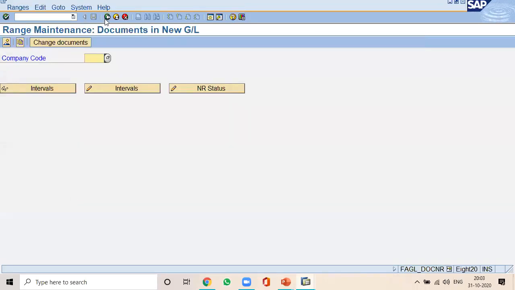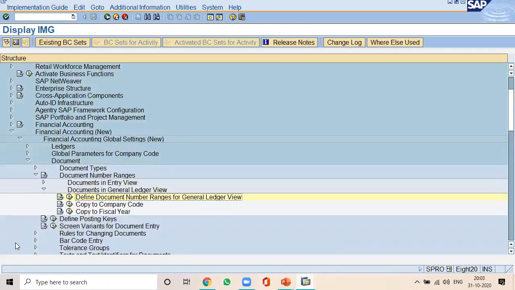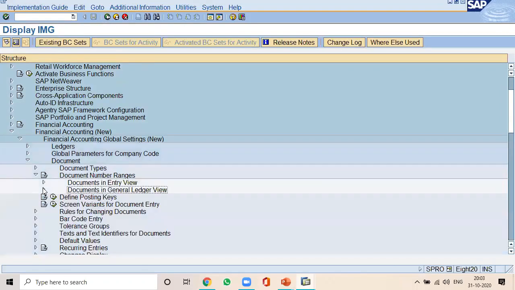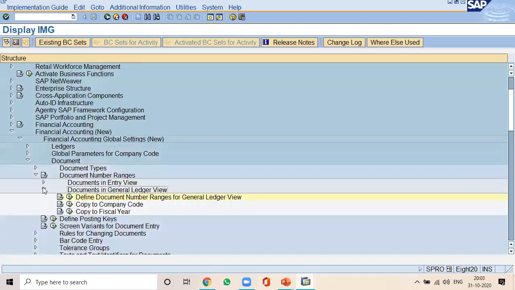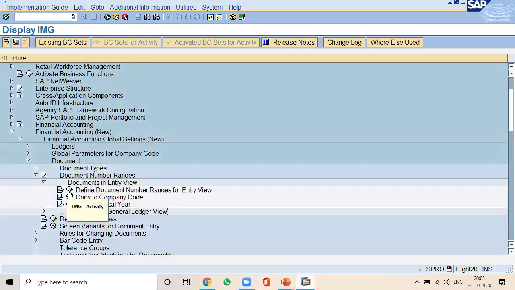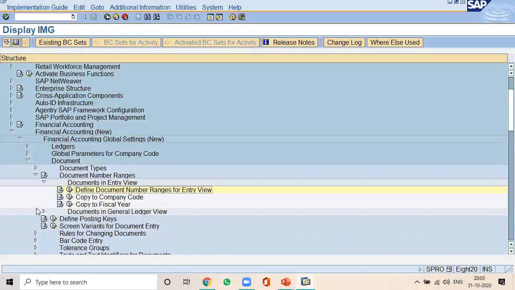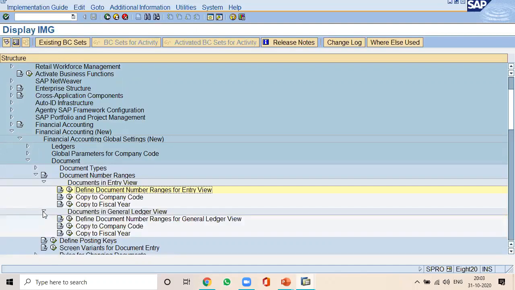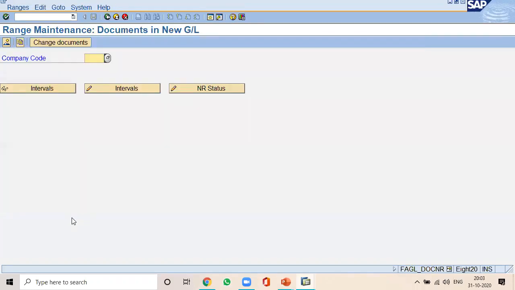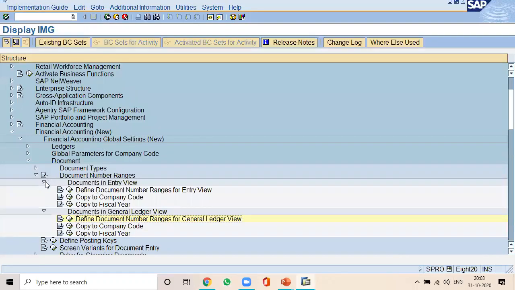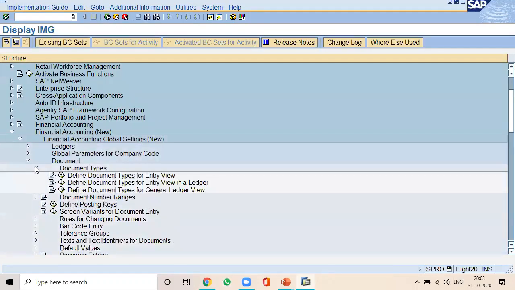Not here. Document number ranges in the ledger view. So here we enter the company code. First we define the document types. Document types for entry in a ledger.